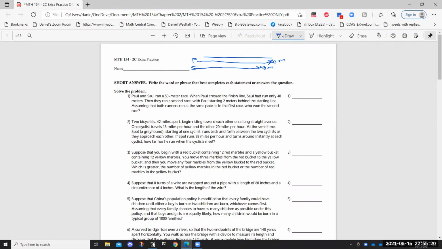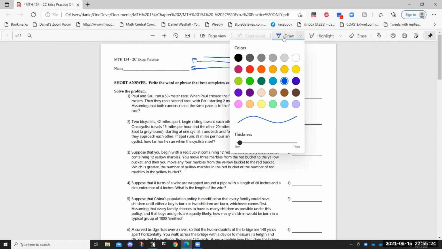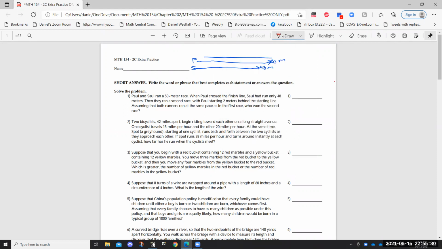Okay, now I'm going to change color here, and in situation two, we're going to make Paul get moved back a little bit, and Saul stays there. Now, this distance right here is the same 2 meters that's right there, okay?